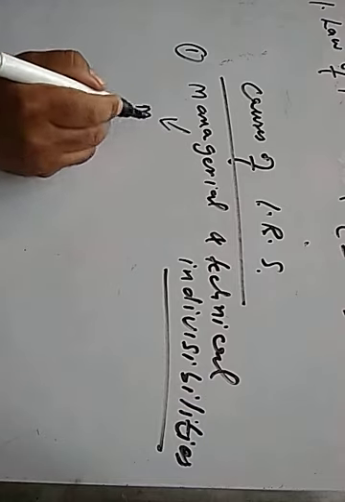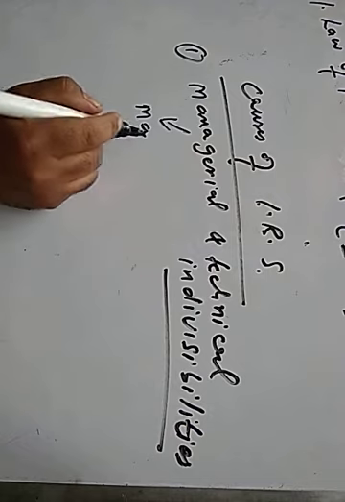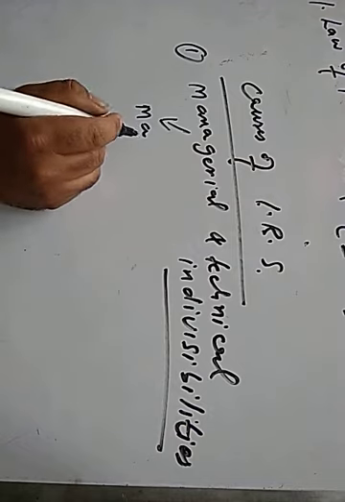Indivisibilities means which cannot be divided into parts. If they are divided into parts, then they become non-functional. And managerial means related to managers, whose task is to coordinate the other factors of production.